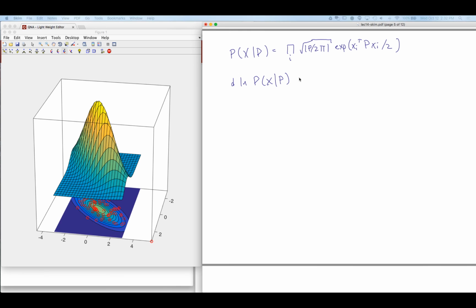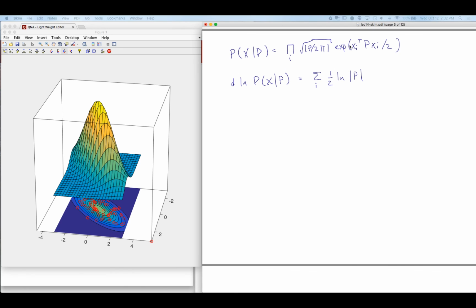And that is equal to the sum over i of, here, this is going to be 1/2 the log of the determinant of P plus some constants that come from the 2 pi that we don't care about.